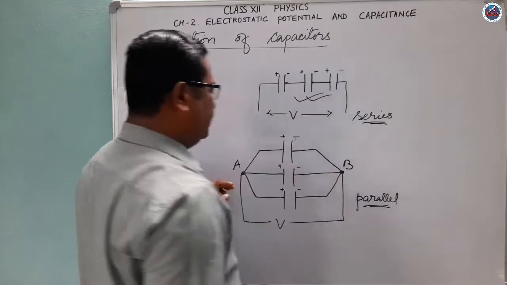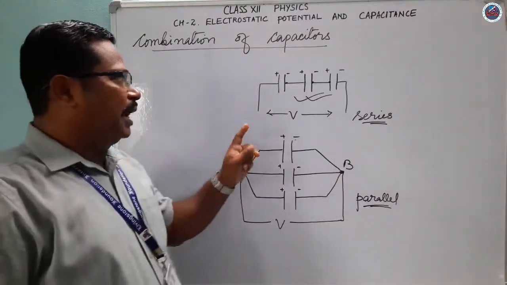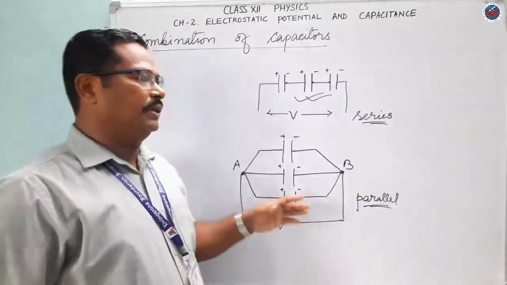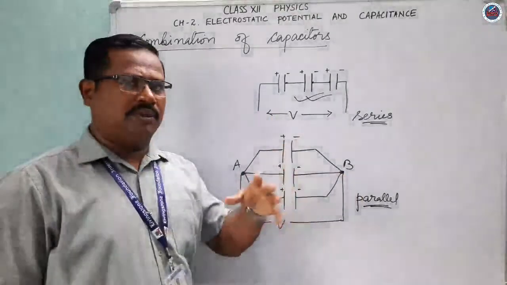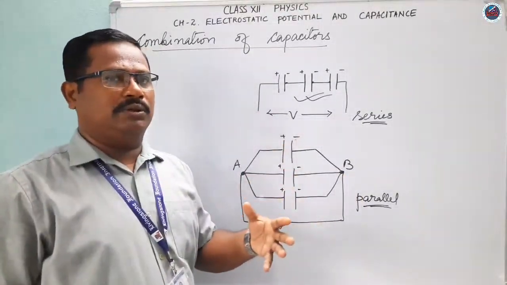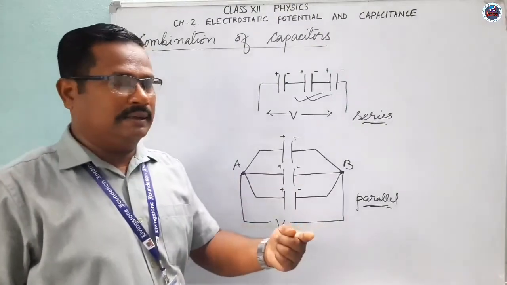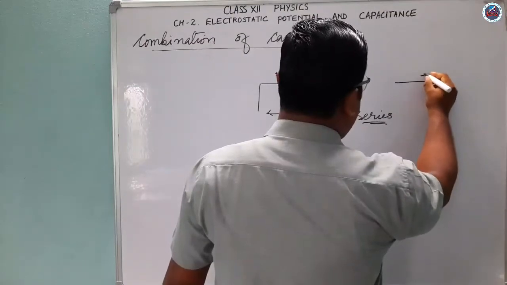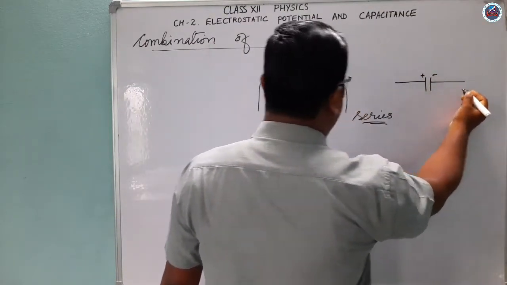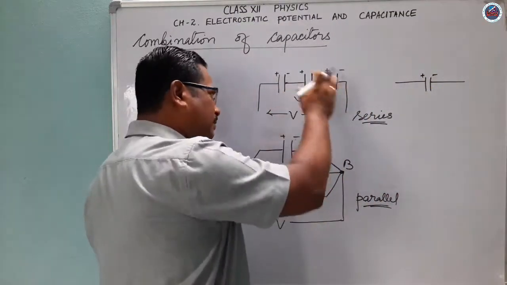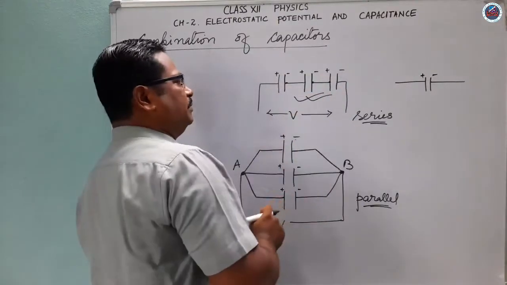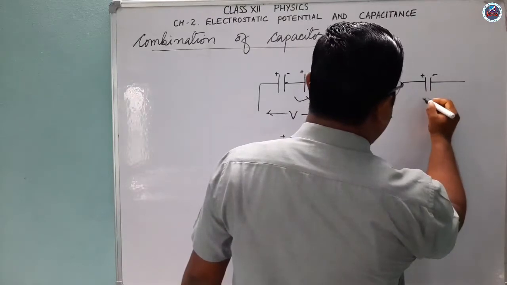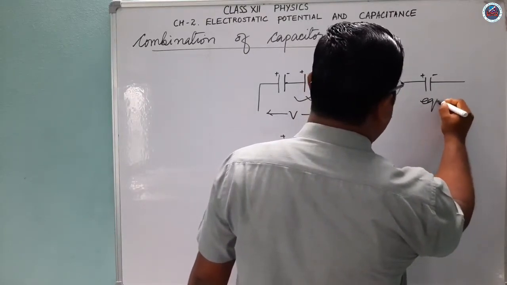In this topic, we will learn how we can replace them. Suppose in an electrical circuit you have more than one capacitor and you don't want to use so many capacitors, you want to replace them with a single one. Then that single capacitor, which can function in the same way as they work together, will be called an equivalent capacitor.